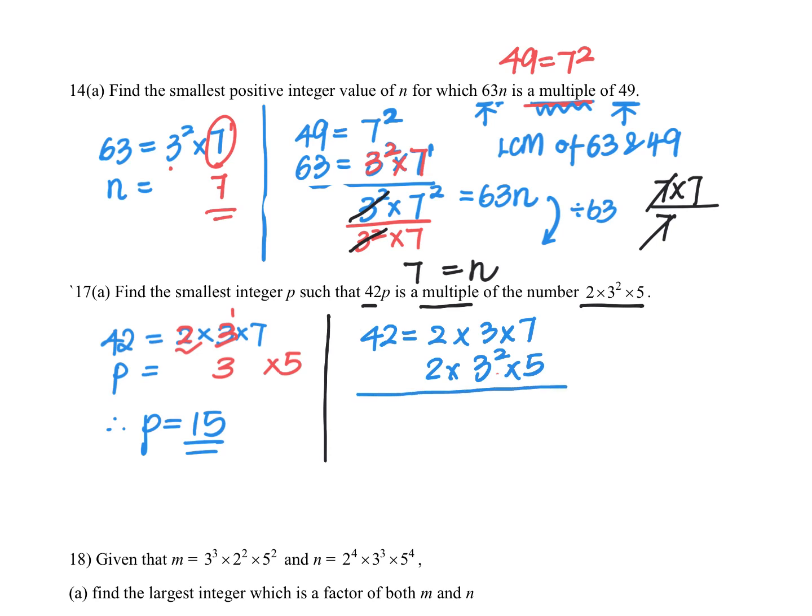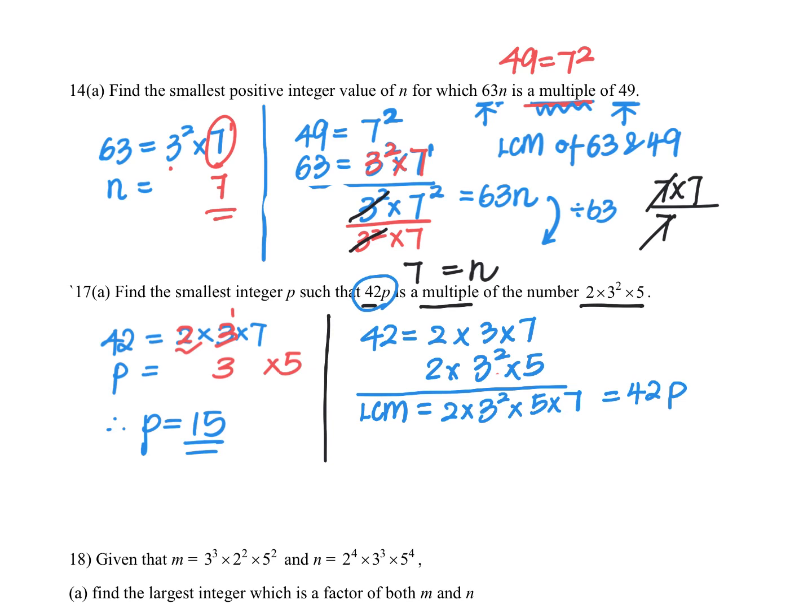I should find the LCM first. LCM includes all the factors with the highest power, so 3 squared, 5 has to be inside, 7 has to be inside. And this LCM is actually 42 times p.